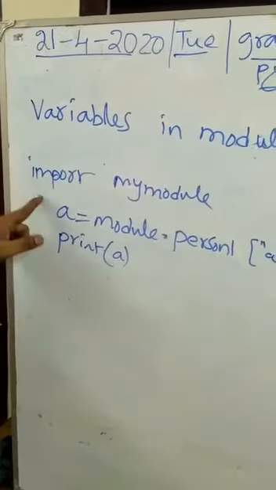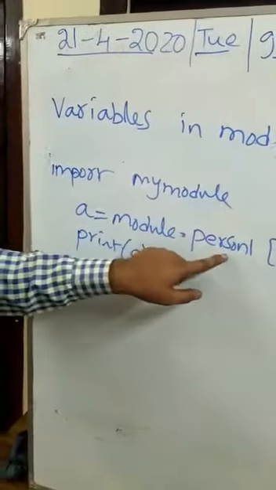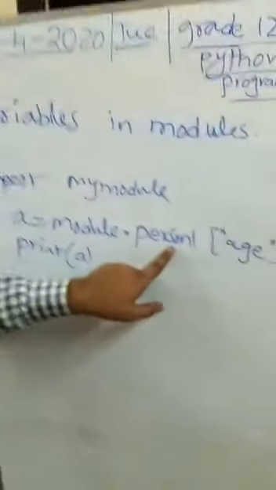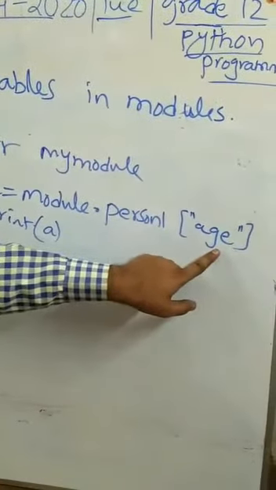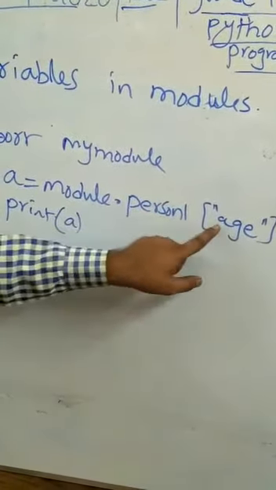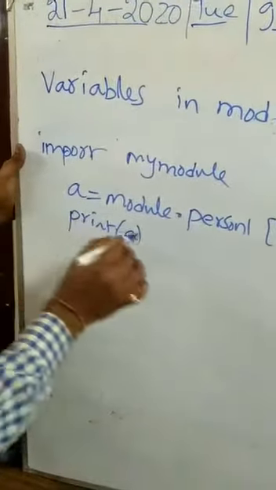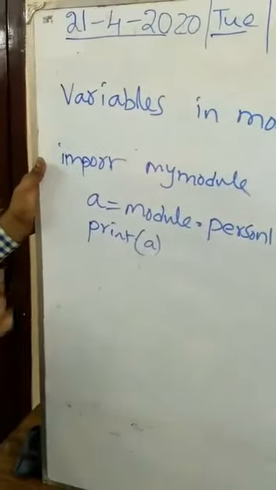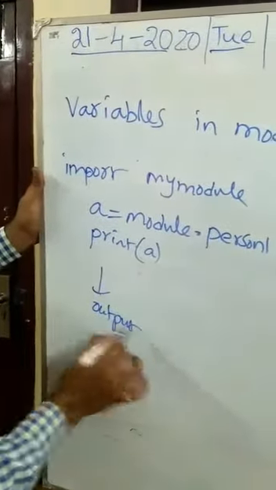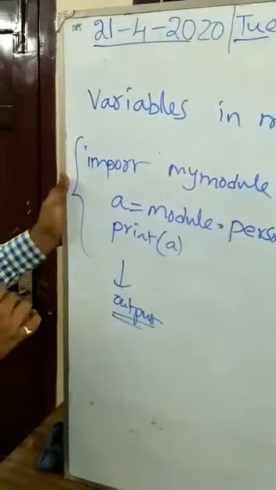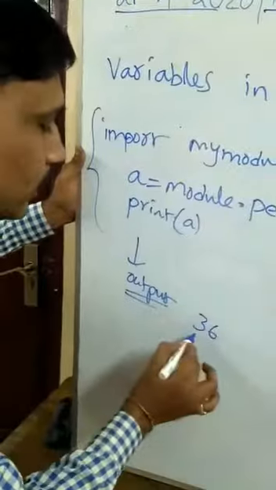See here, importing the above module my module, here module name dot, here person1 is a variable, a dictionary in that module. The dictionary consists of age as one variable. We are accessing the age of the person from this program. Here suppose age is 36 for example in the above module. Then when you are executing this program, after importing the my module.py file, it prints the output 36.